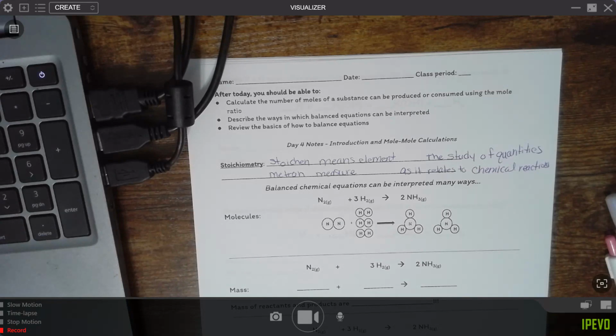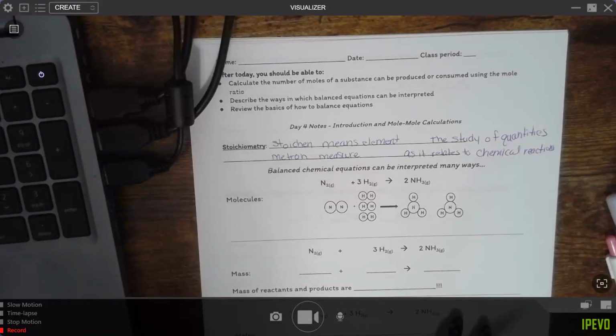You can also use this chemical equation in terms of grams to show you the law of conservation of matter, so basically whatever amount of matter we put in is going to be how much we get out.